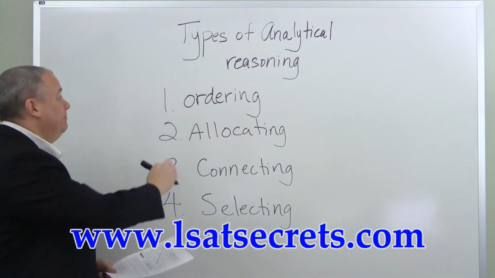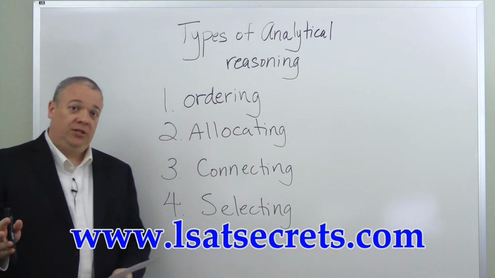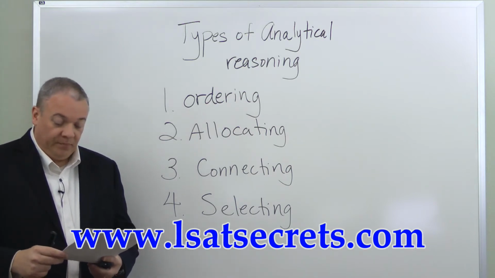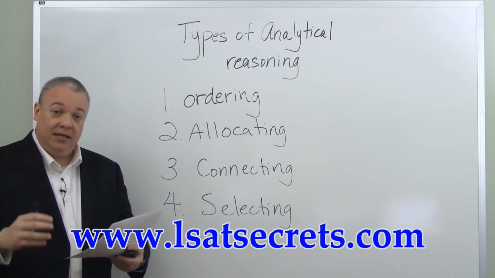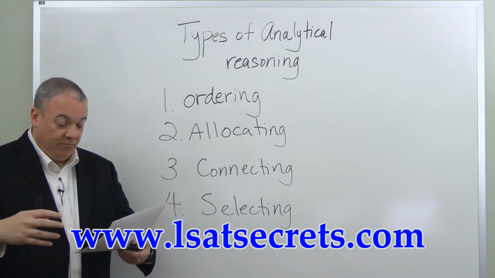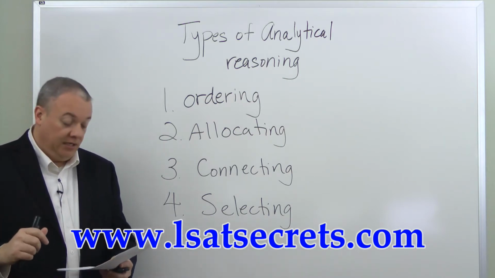We can begin with ordering questions, and here, to illustrate your ability to reason analytically, logically, you're given a problem where basically you're asked to take either objects or people or animals, some group, and put them in a specific sequence based on the conditions provided.